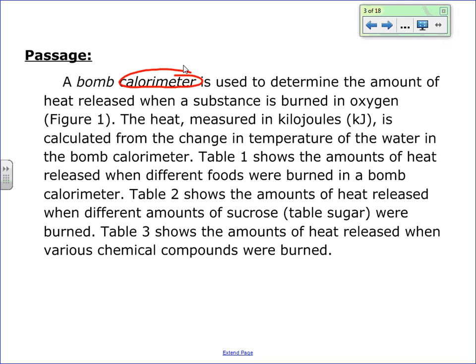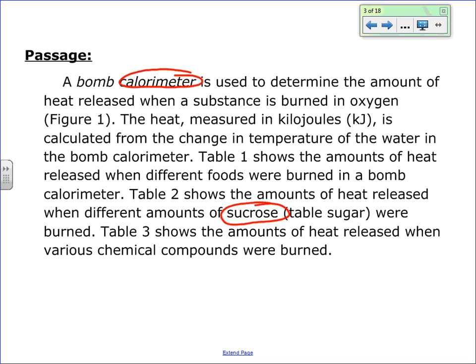That's a tool we haven't used in class before, a calorimeter. Any other ones? Sucrose, nice. Any other words? Unfamiliar? Going once. Going twice.